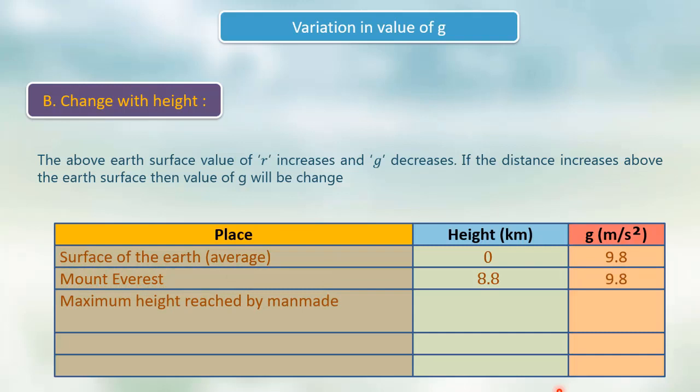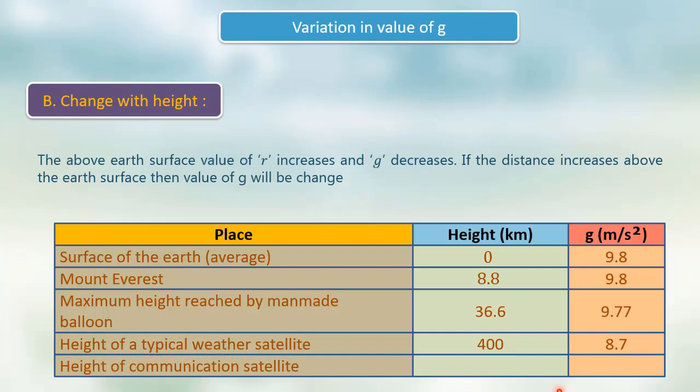Maximum height reached by a man-made balloon is 36.6, and acceleration g is 9.77. Height of a typical weather satellite is 400, g is 8.7.